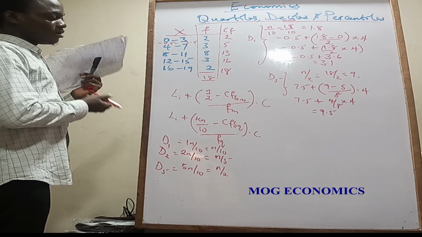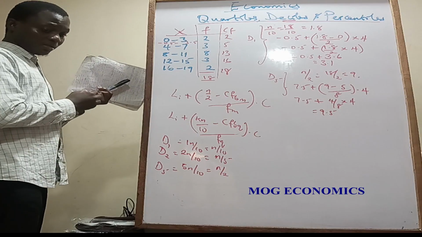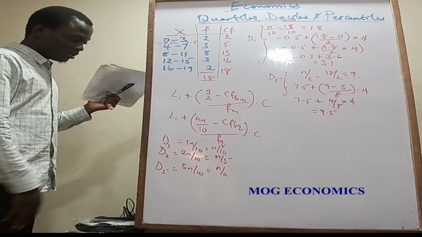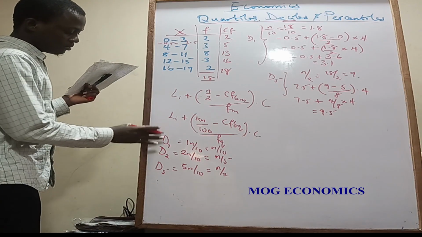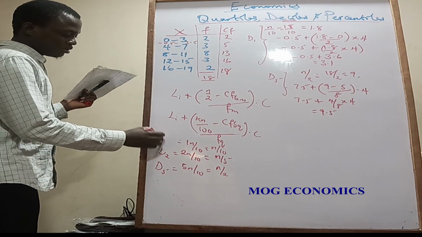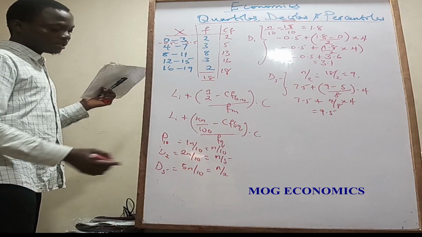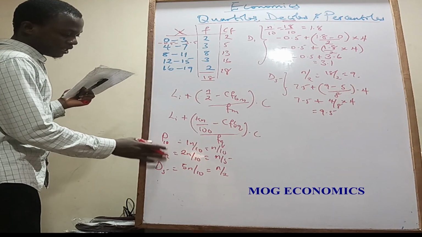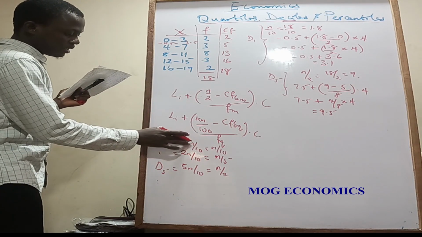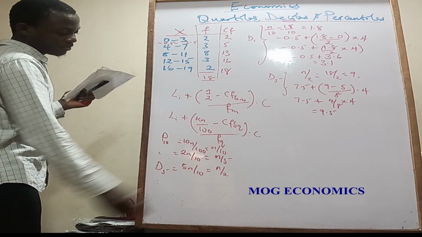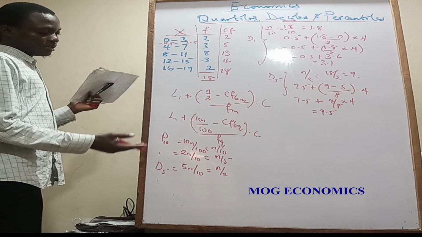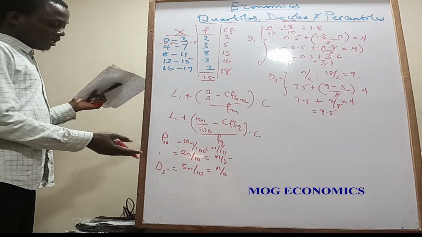Now for percentiles, it's the same thing, just that for percentiles this is going to be 100, and then your P10, so like 10th percentile, 20th percentile, on and on. Your P10 is going to be 10n over 100, which is of course the same as n over 10. So literally your P10 is the same as your first decile, right?